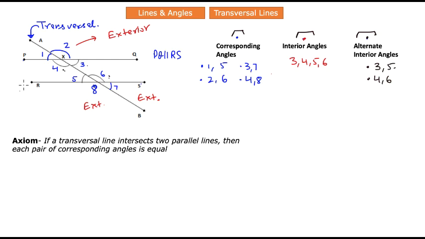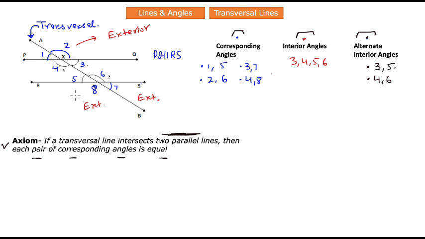So these are a few more terms that you need to know when we have this specific arrangement of a transversal line. This axiom states that if a transversal line intersects two parallel lines, then each pair of corresponding angles is equal.